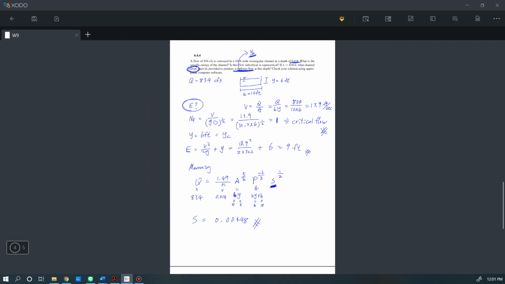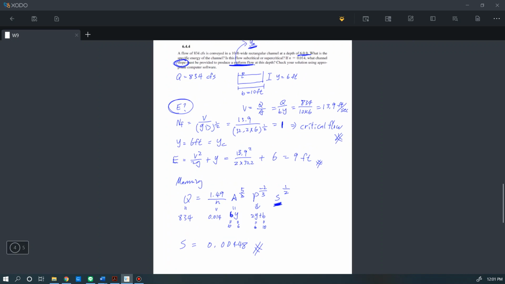Okay, so let's do a quick review for this problem. The question asks us to classify the flow in this channel, for which we use the Froude number. The Froude number that we calculate is equal to 1, so it tells us it's a critical flow. Then we can use the equation for the specific energy, and we just plug in the values. Then we can calculate that the specific energy is equal to 9 feet.